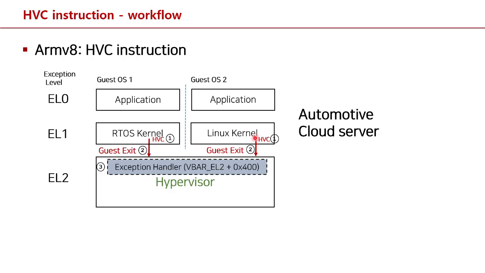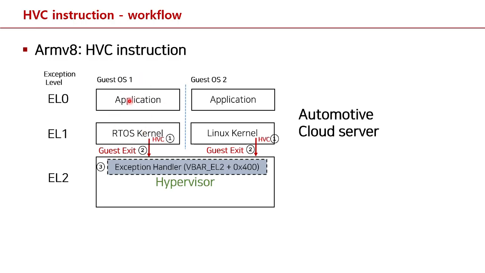Now let's look at this diagram that indicates the execution flow of the HVC assembly instruction. As you can see, there are two separate operating systems. In a hypervisor environment, we call a separate operating system a guest OS.